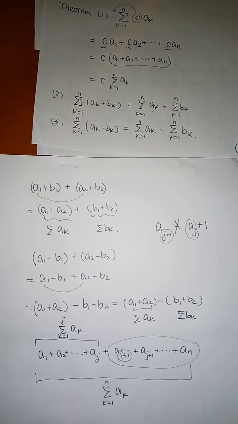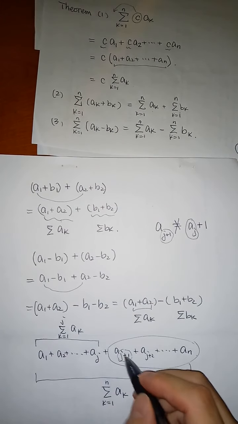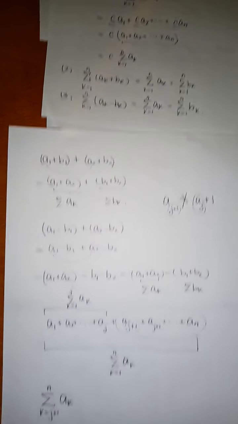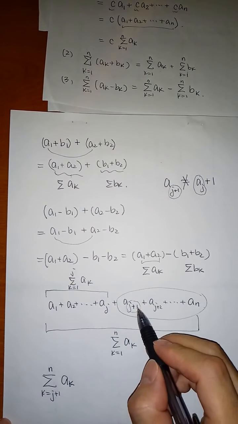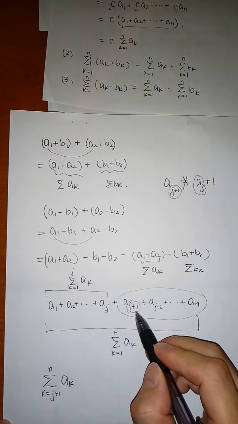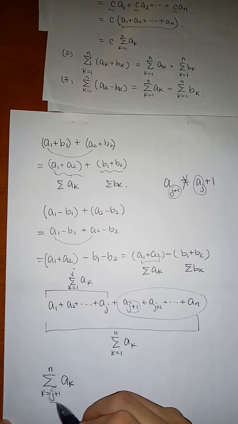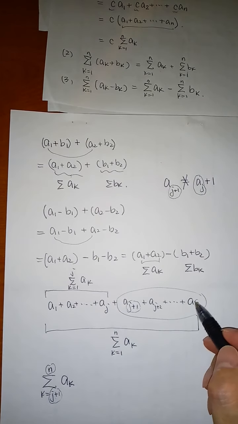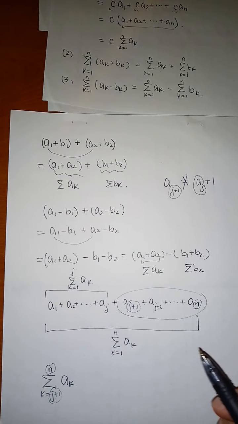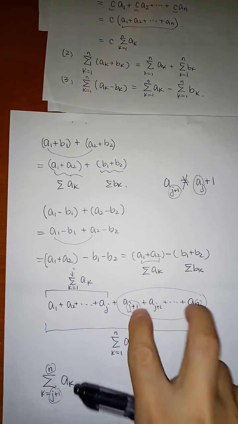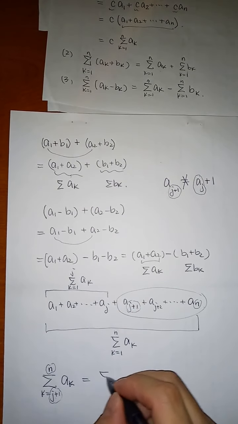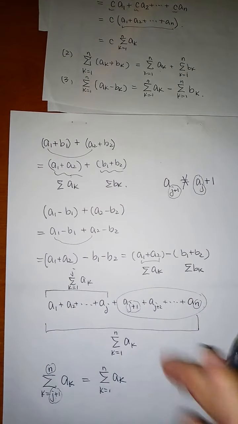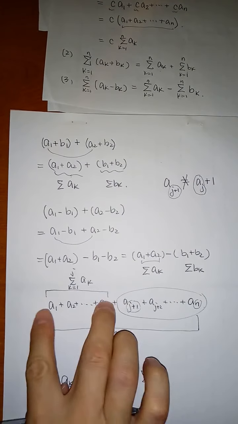AK, K starts from J plus 1 and stops at N. So J plus 1 is always the initial term. This bottom part is always the initial term. This top part is always the position of the terminal term. Then this part is equal to the difference of the large sum and the small sum.